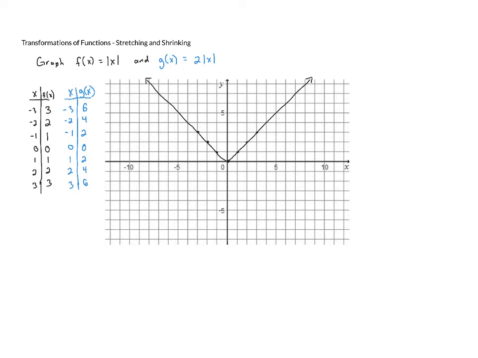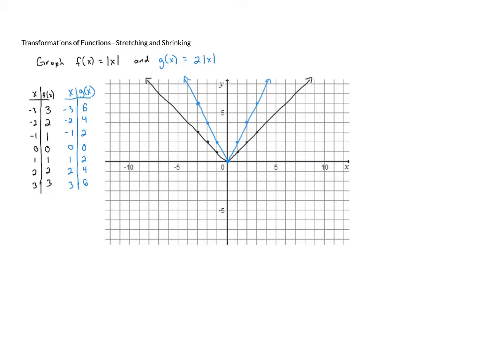Now for g of x, we've got some new points, -3, 6, -2, 4, -1, 2, 0, 0, 1, 2, 2, 4, and 3, 6. Here we have another V shape, but this one doesn't have a 90-degree angle. Something has happened to it.